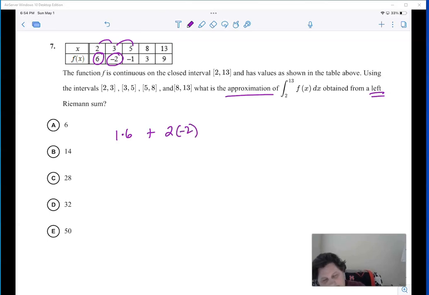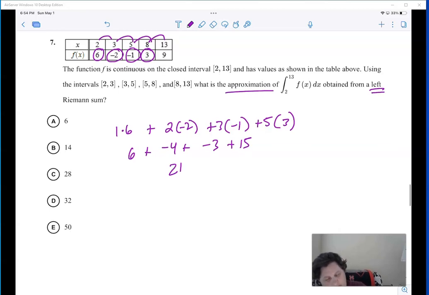The base of that interval is 1, and the next base is 5, times the width. Okay, pretty straightforward, no other information given there.